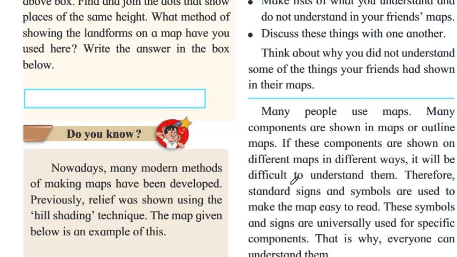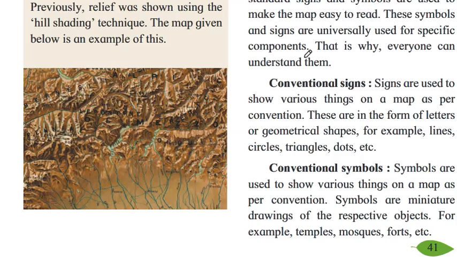Therefore, standard signs and symbols are used to make the map easy to read. These symbols and signs are universally used for specific components. That is why everyone can understand them.